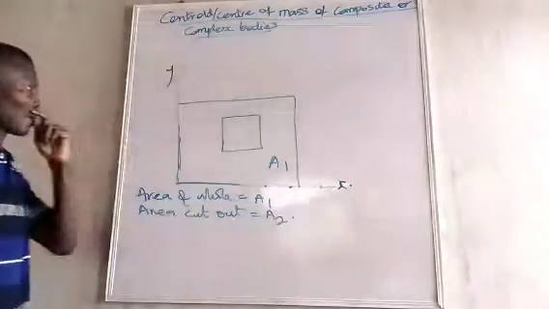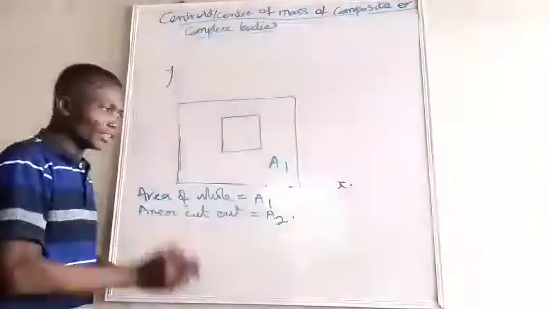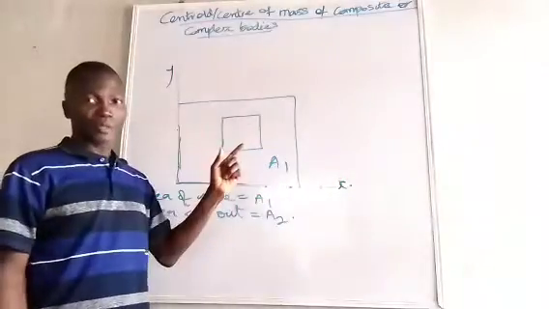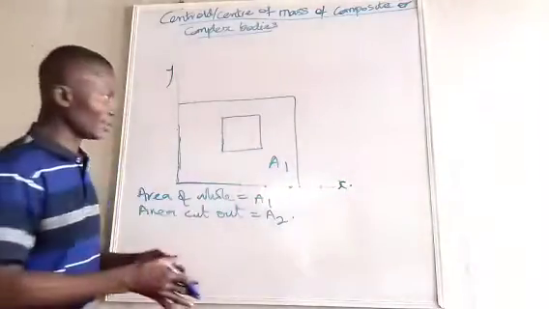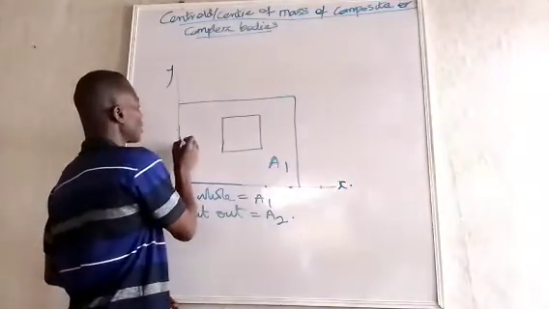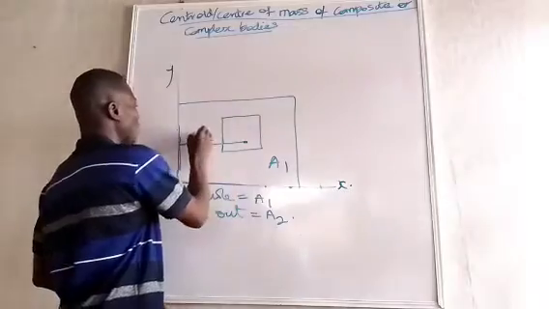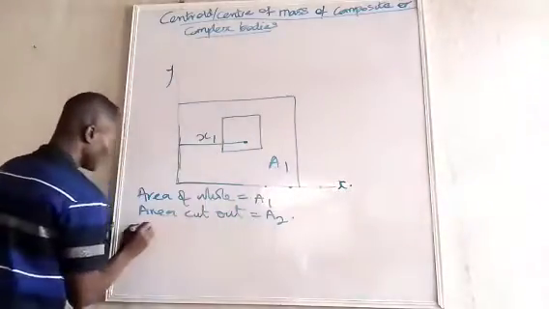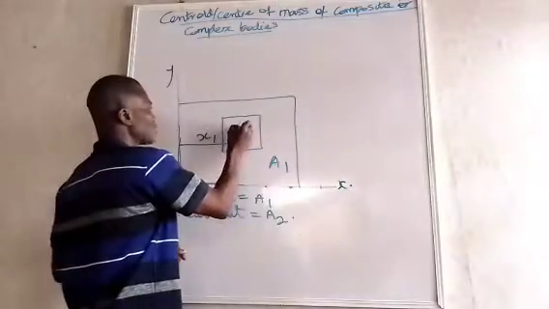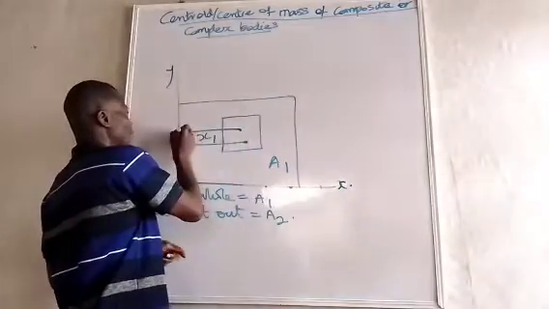Now, you must locate the centroid of A1 as if this was not cut out of it, because you are trying to locate the centroid of the whole shape after this one has been cut out of it. So let's say the centroid of this one is X1. Now look at the centroid of the cutout space. This one, let's call it X2.